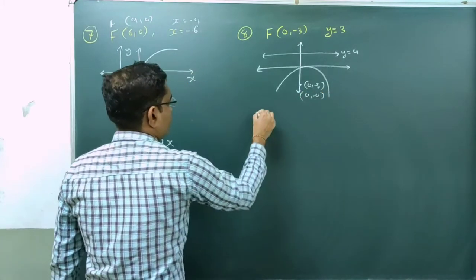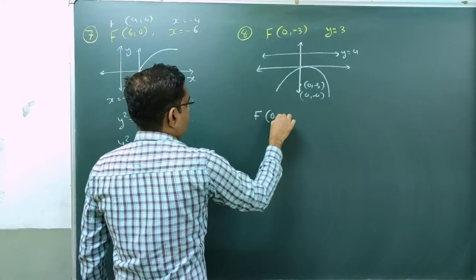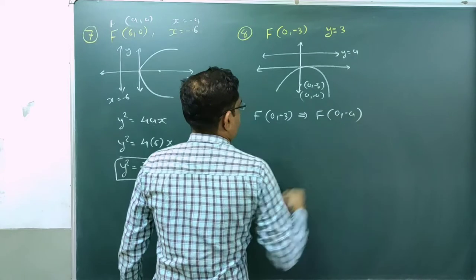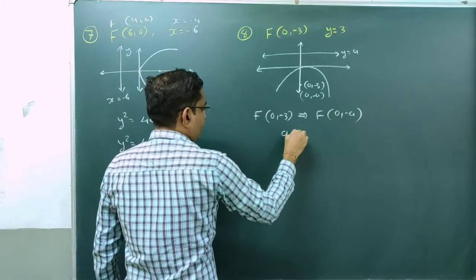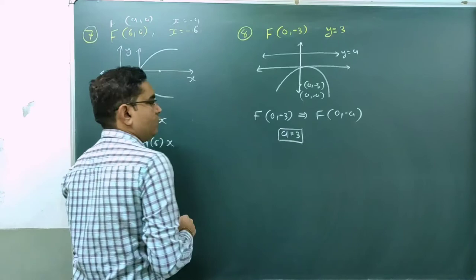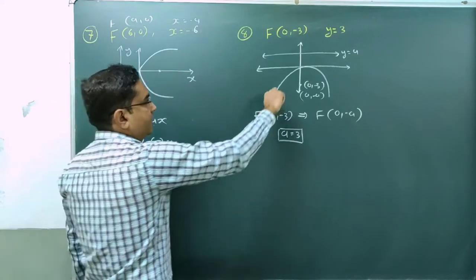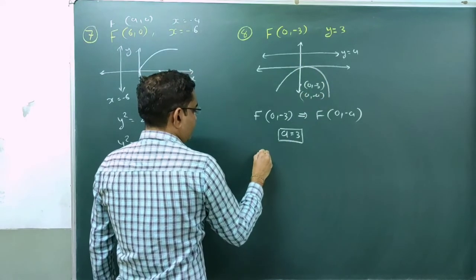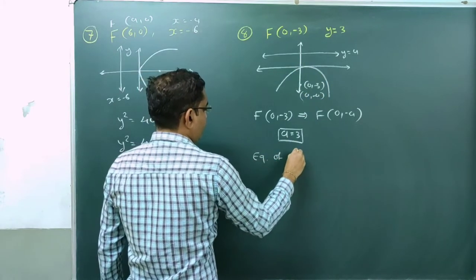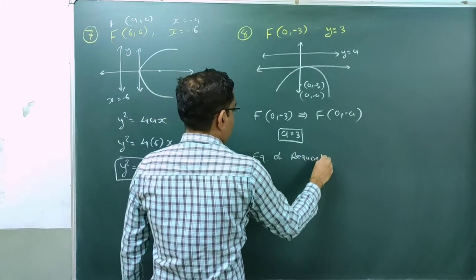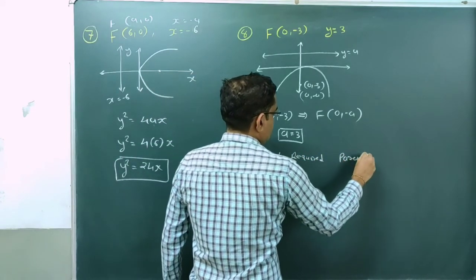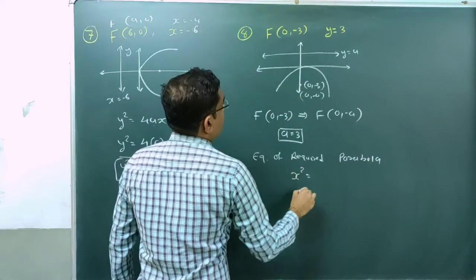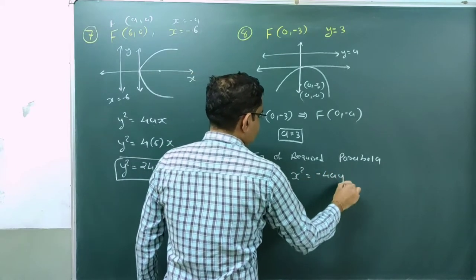So comparing the coordinates of focus (0, -3) with (0, -a), by comparison we are getting a equal to 3. बस ये a लाना था. और ये डाउनवर्ड पैराबोला है ना, for positive and negative values of x, y is negative. Therefore we can say equation of required parabola, क्या होगा? x square equal to -4ay.